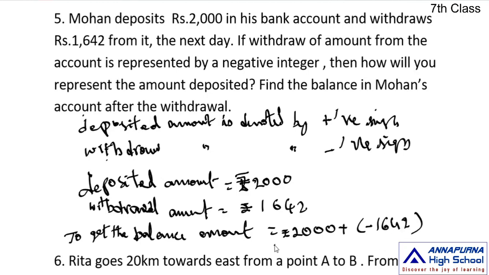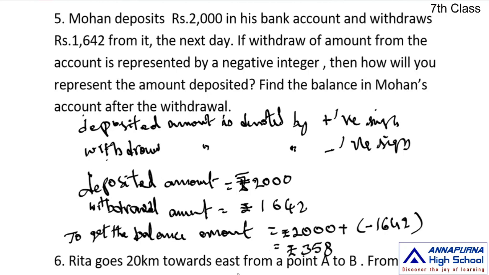As you know the subtraction, 2000 minus 1600, which is equal to how much? 358 rupees. So the balance amount is 358 rupees.